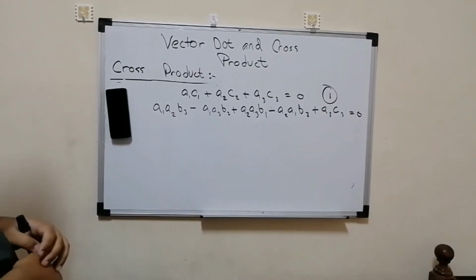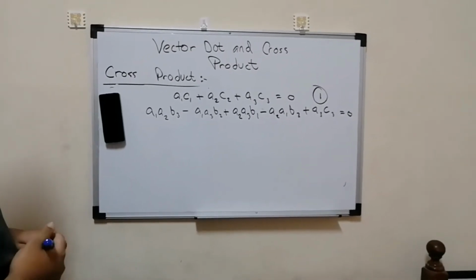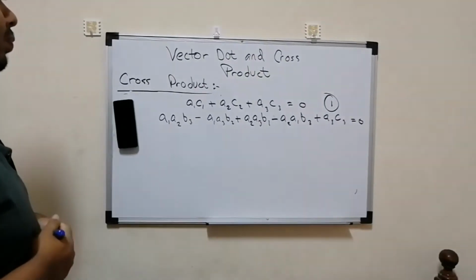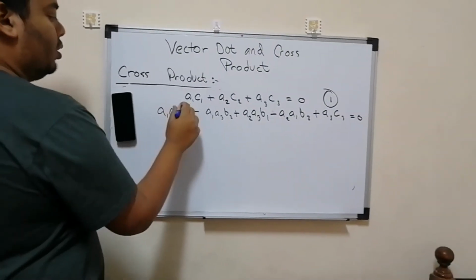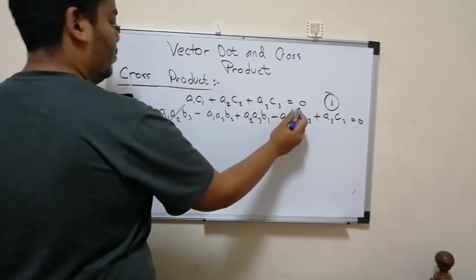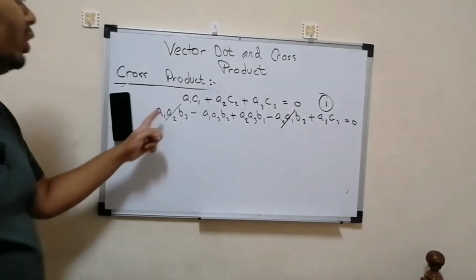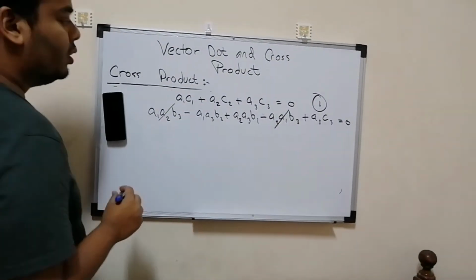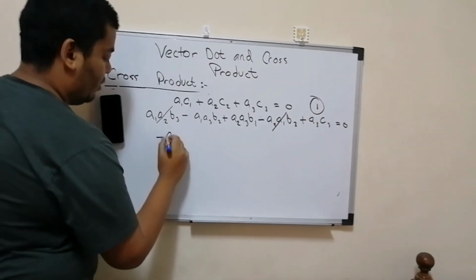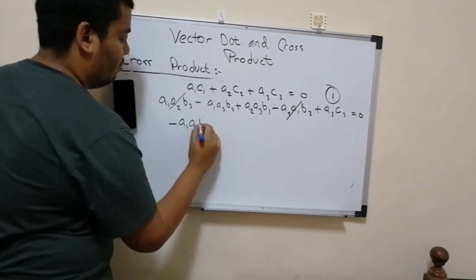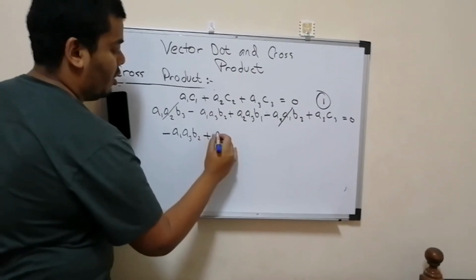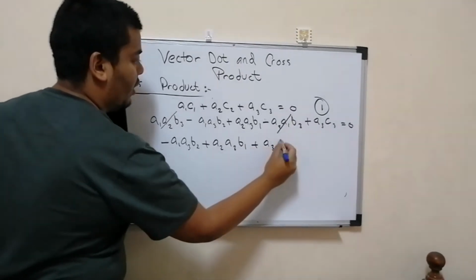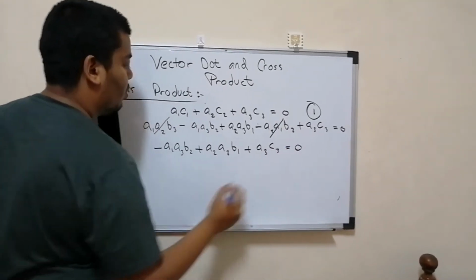If you notice very closely, this term right there and this term are exactly the same: A1 A2 B3 and A1 A2 B3, so we can cancel them out. We are left with negative A1 A3 B2 plus A2 A3 B1 plus A3 C3 is equal to 0.